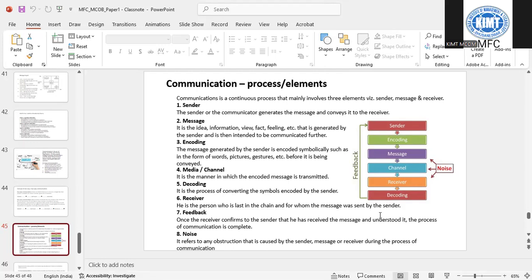Suppose, as an example, you log in to your email and enter your password, say your password is KIMT. You enter the password, the system takes KIMT, but the system is actually opening your inbox through the server.